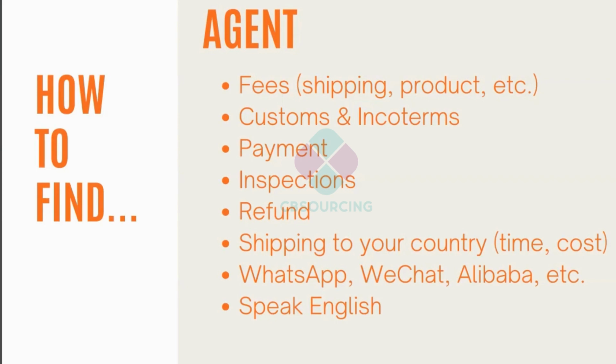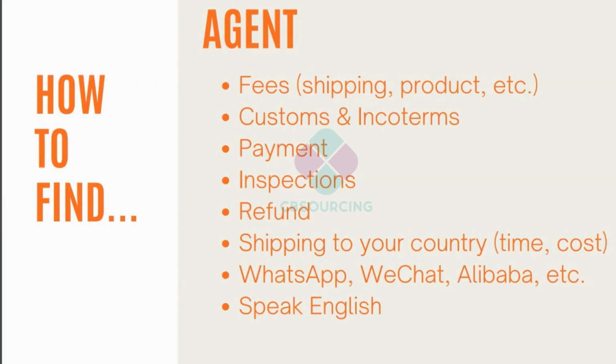Then we have communication. Now, a lot of the agents are starting to put all of their information on the 1688 platform. So that way they can communicate with you via WeChat, WhatsApp. Some of them are also on Alibaba. And it is very, very convenient for you as the buyer to communicate with them and be the liaison between you and the manufacturer.